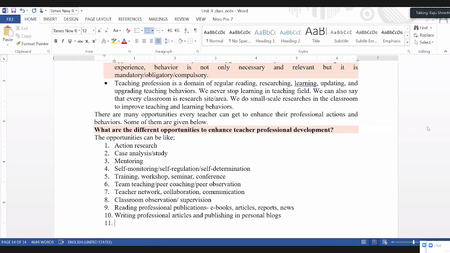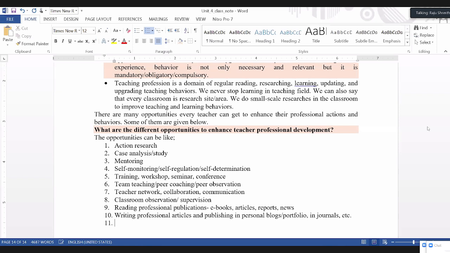Every teacher can have their personal blogs, they can update personal blogs and portfolio. They regularly write professional articles and publish them in their personal blogs, portfolios, and in journals, etc.